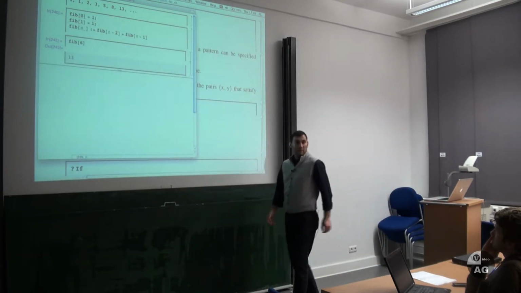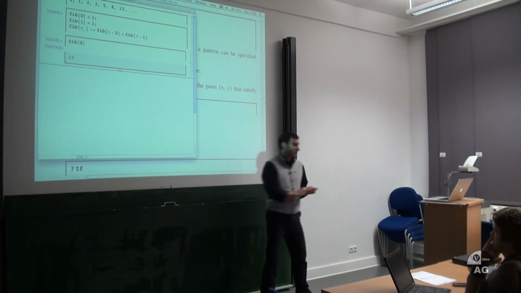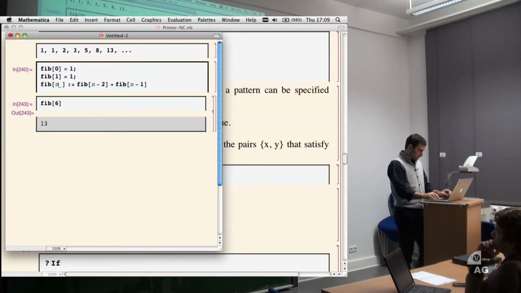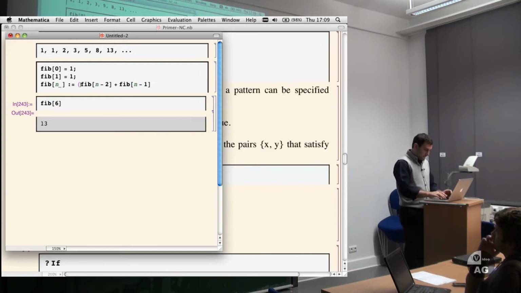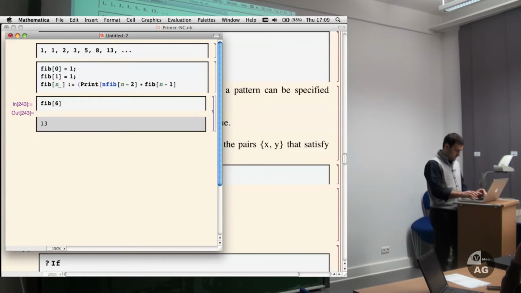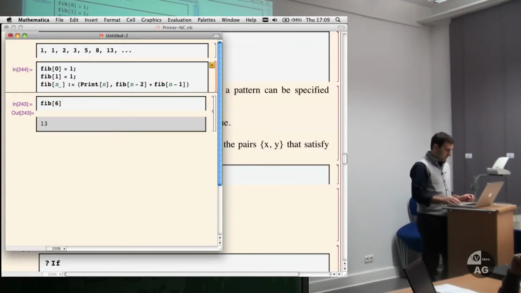I don't want to get into details now, but let's do the following. When I evaluate Fibonacci of n, first of all, I print n, and then I evaluate.